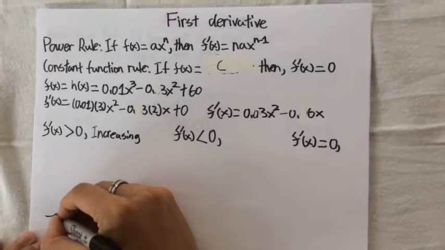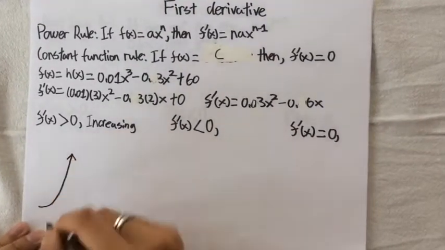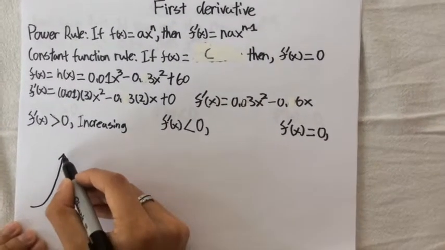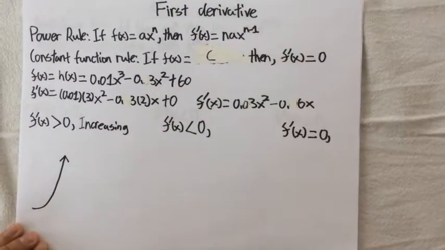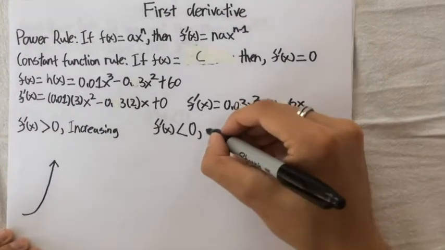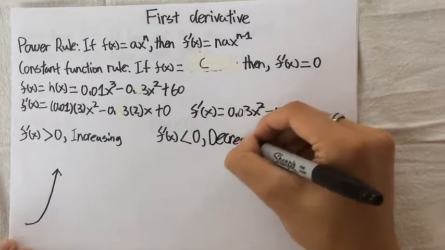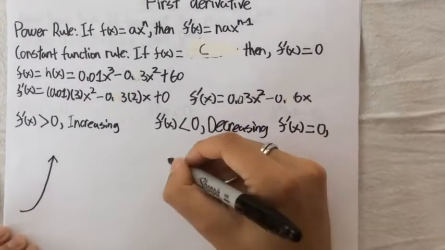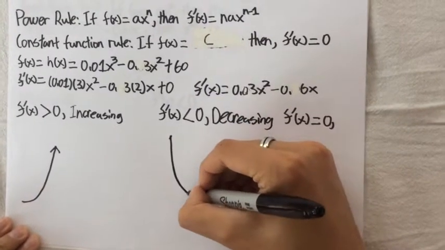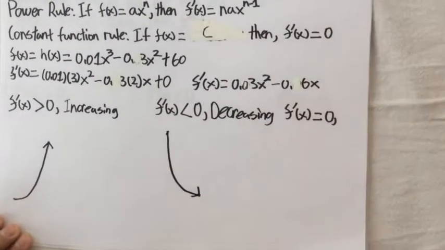So it will look something like this. You see how the slope gets steeper and steeper as x approaches a greater number. If f prime of x is less than 0, then the function is decreasing, and the slope will get less steep as the x gets bigger.